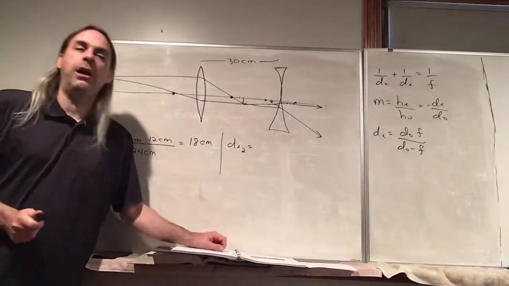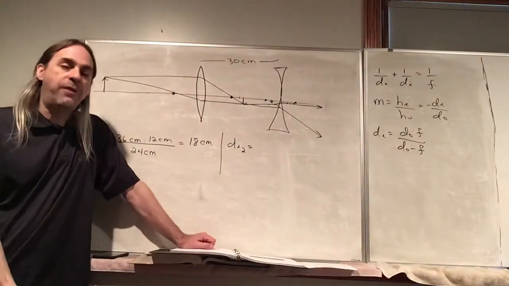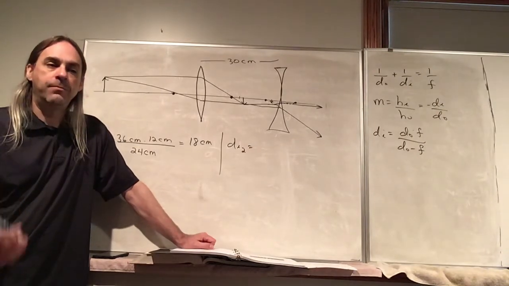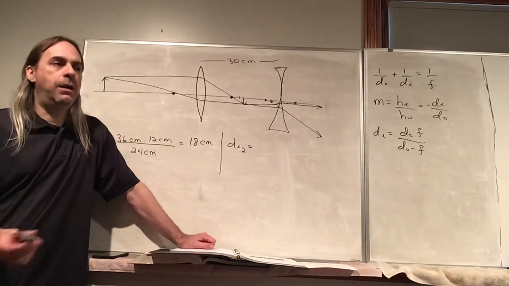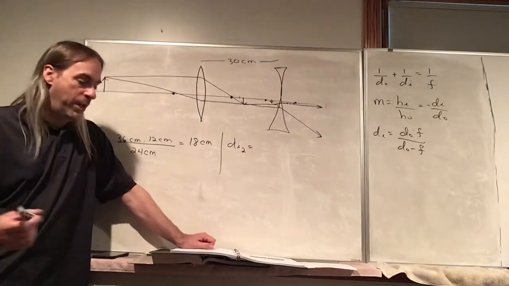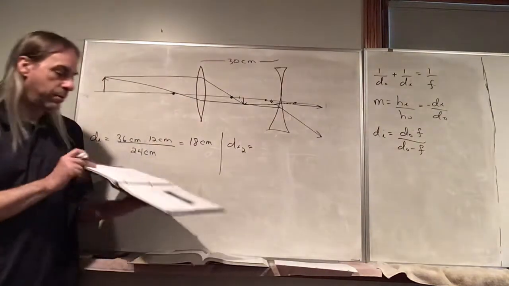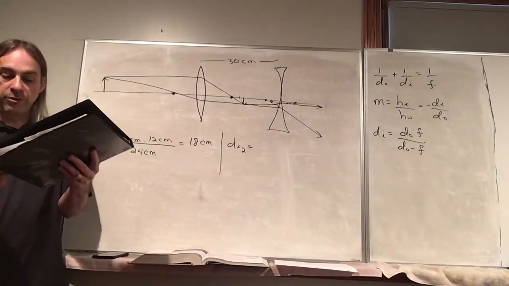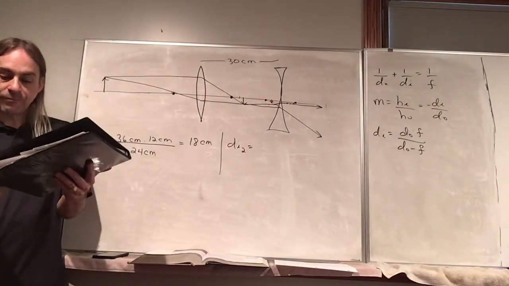Also on Friday, Chapter 25 homework is due, and Lab 6, which is on mirrors. We only have one more week of regular class after this week, which will mostly just be review.